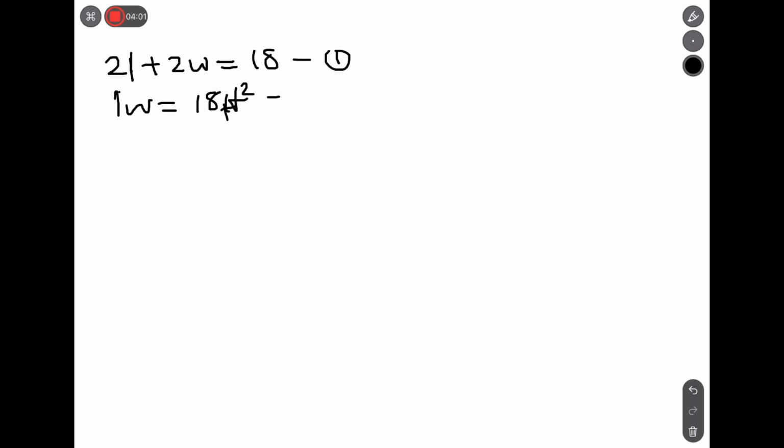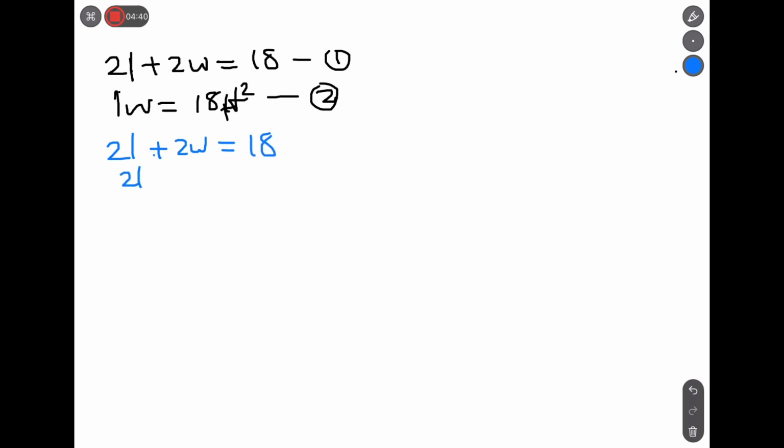So how would we solve this problem if given the opportunity? What I typically would do is look at equation 1 and solve for L or W. I could also do that for equation 2. So if I look at equation 1, we get 2L plus 2W is equal to 18.